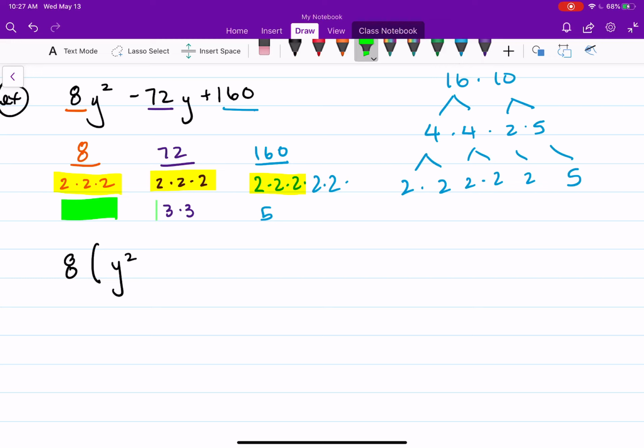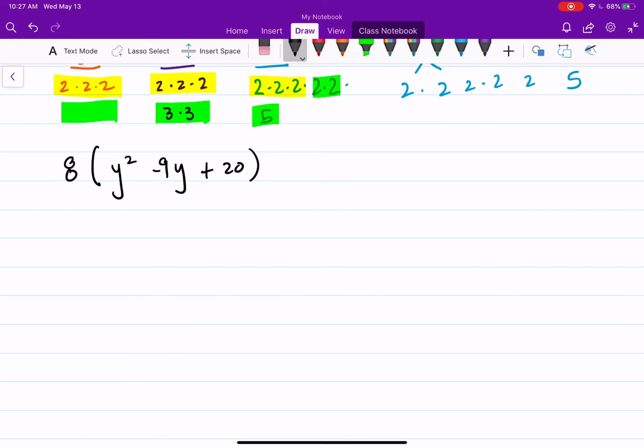I have 3 times 3 here, so therefore I have a minus 9y. And then over here I have 2 times 2 times 5, which is 20, and no y, okay? So everybody see that?